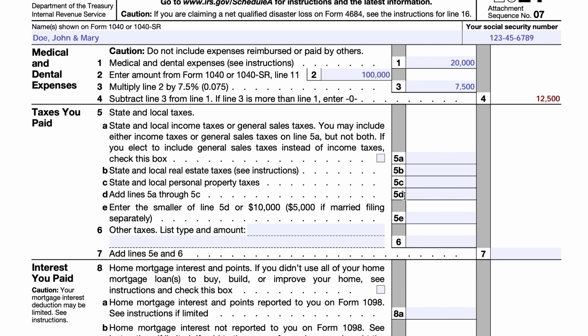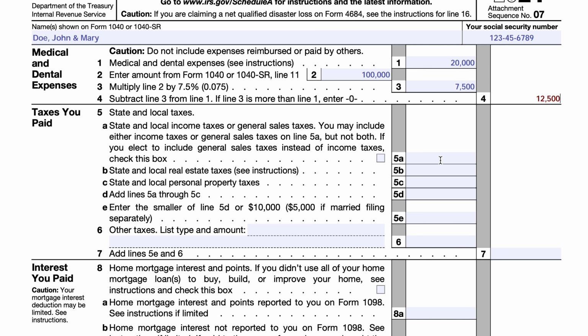So the next section is taxes that you paid over the course of the year. Line 5 is state and local taxes. So what this means is in line 5A, you're going to take either state and local income tax or state and local general sales tax.